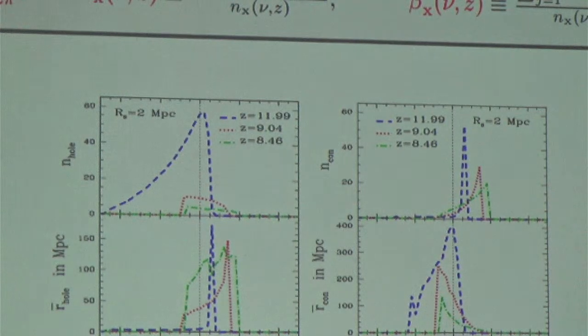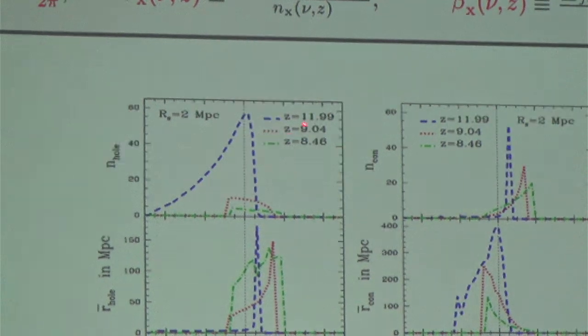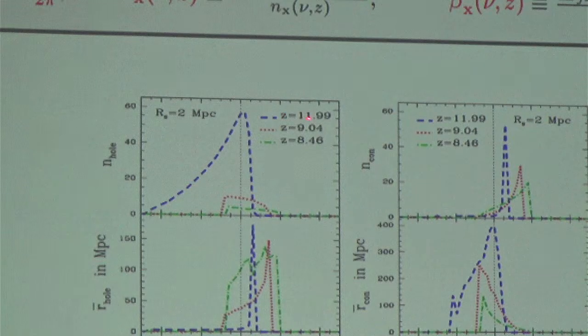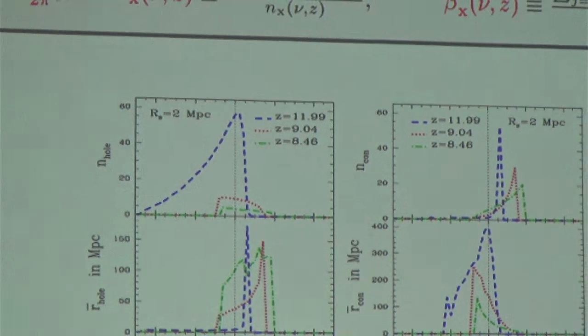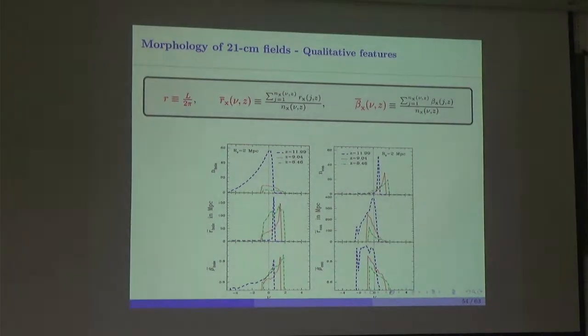The redshift I'm showing is like 12 to 8.5. So here the range is like this. So there is an evolution in the range of the field values. Okay, so that is the description.